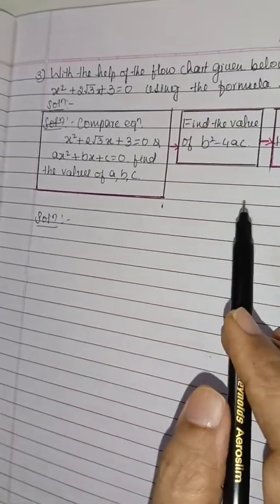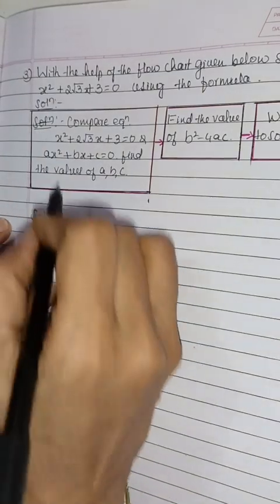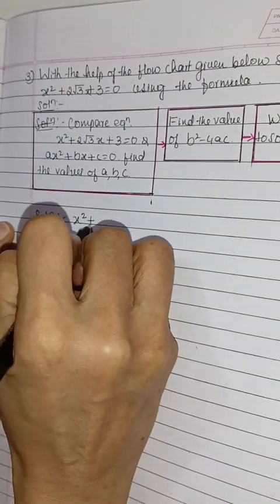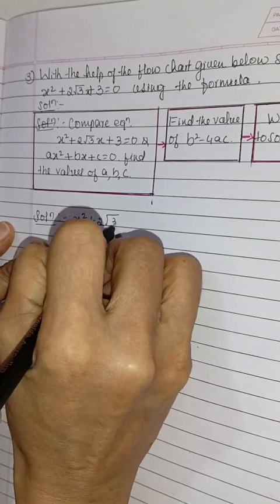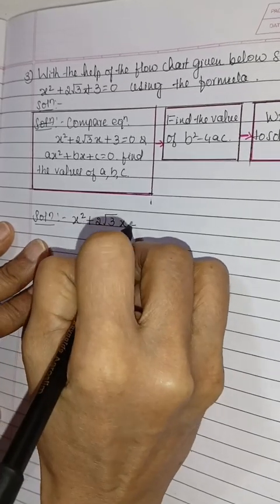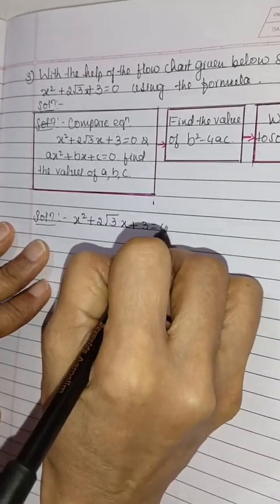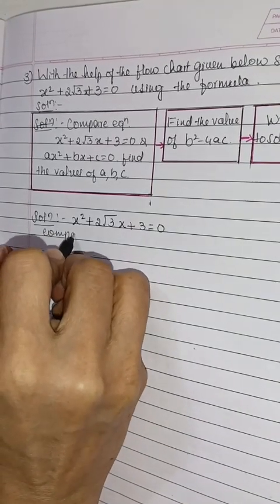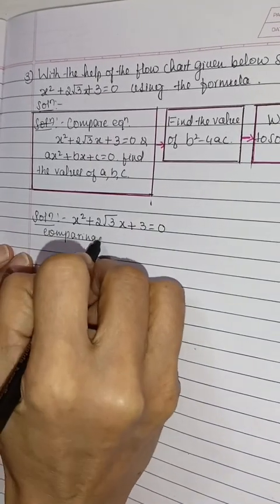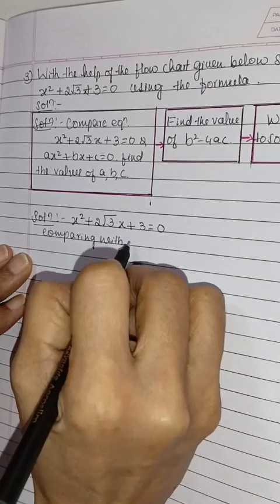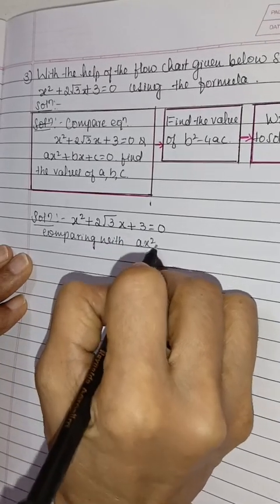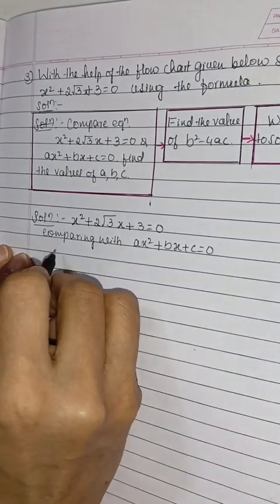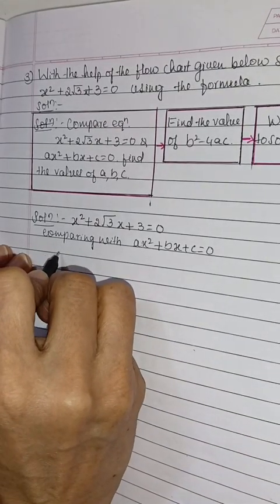First we'll write the given quadratic equation, that is x square plus 2 root 3x plus 3 equal to 0. Now comparing with the standard form ax square plus bx plus c equal to 0, we find the values of a, b, c.